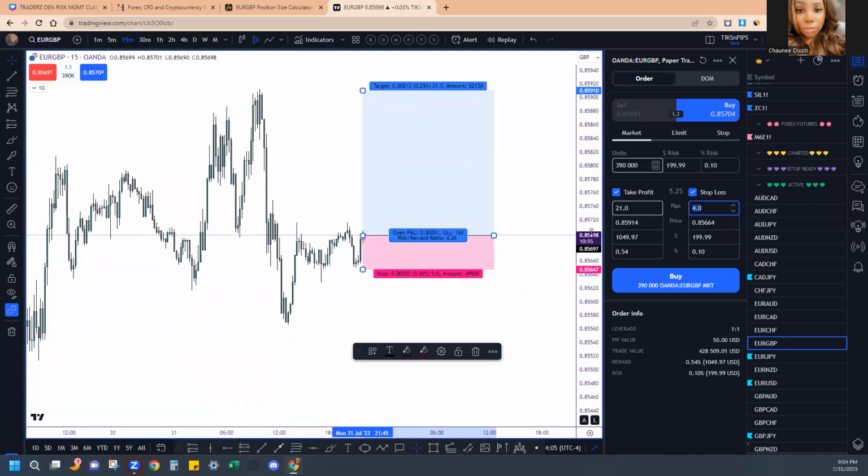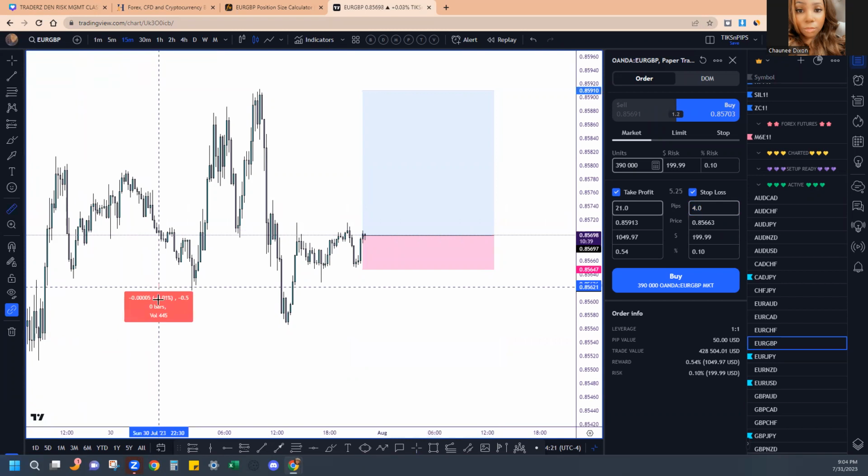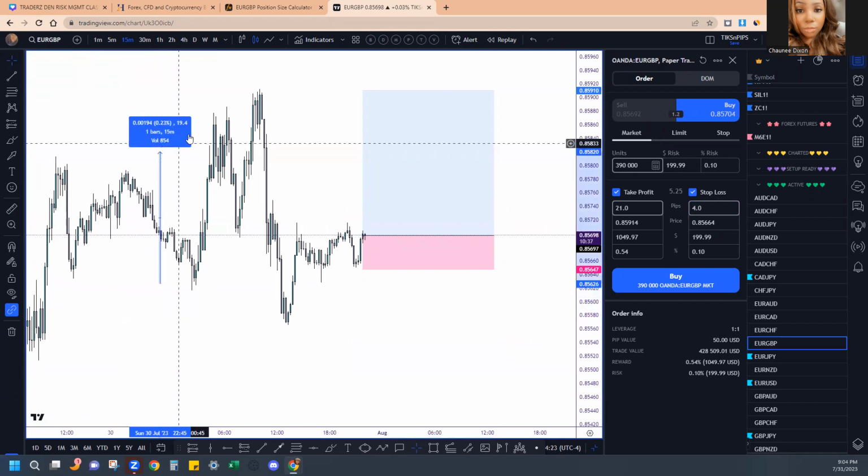I just know if it moves up or down, that's the pip. So I can't really say how many decimals behind is the actual measurement of the pip. So if I take out my measuring ruler here and I click and move it up or down and it tells me it's 19.4 pips, I'm going to believe it. It's 19.4 pips.